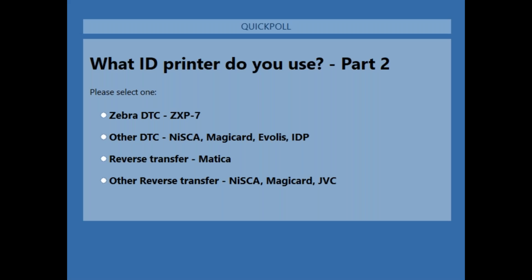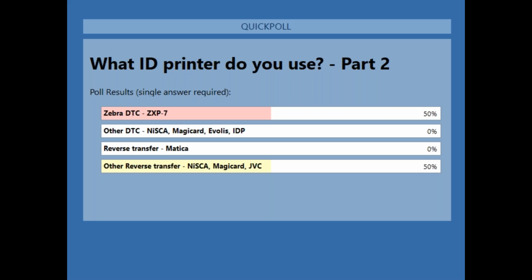So let's see part 2 for those that said other. Quite possible that you guys may not be seeing your other printer in here, so we'll see what we get. I'll give it just a moment. Okay, thank you all for taking part in that.